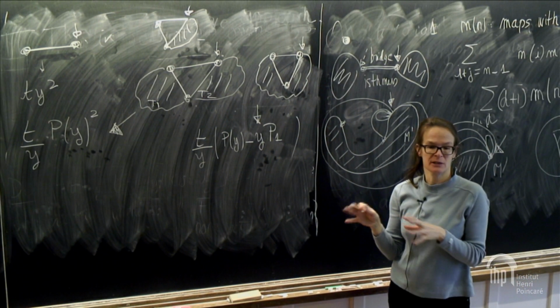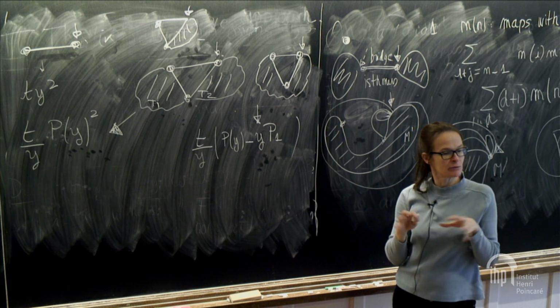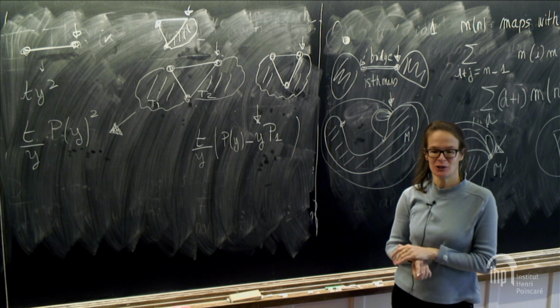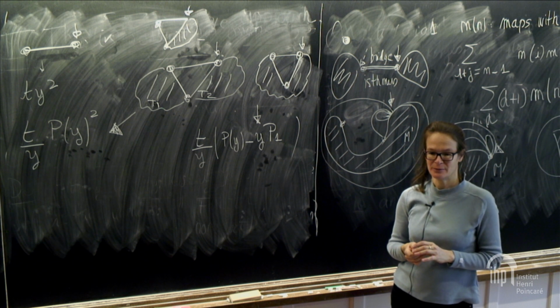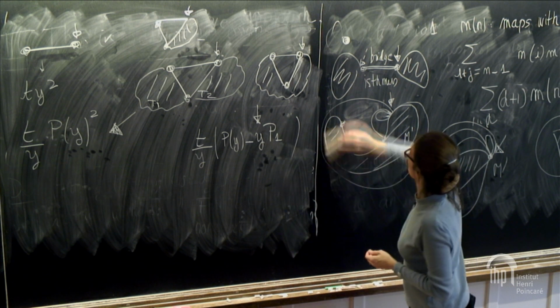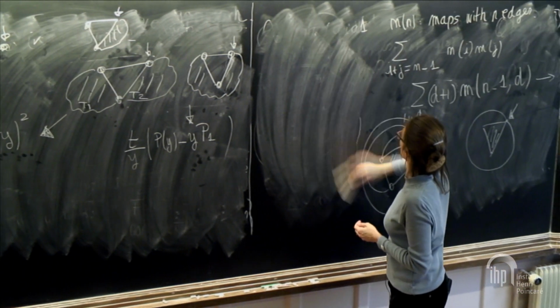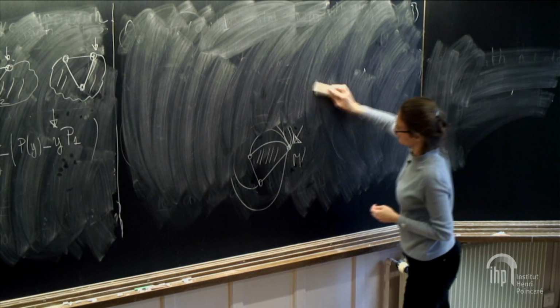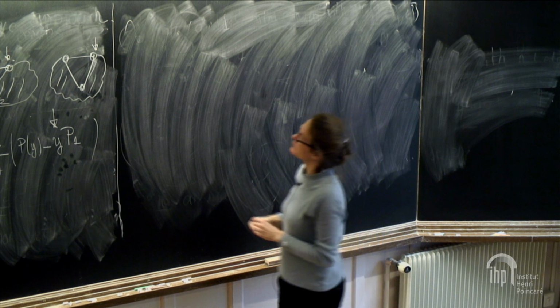So this often happens, that you have to fiddle a bit with your initial conditions and with your definition to get a nice functional equation. So I'll write this equation again.